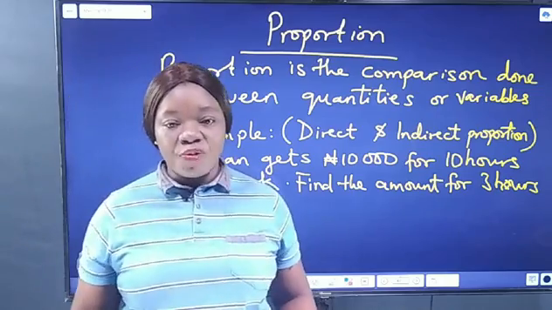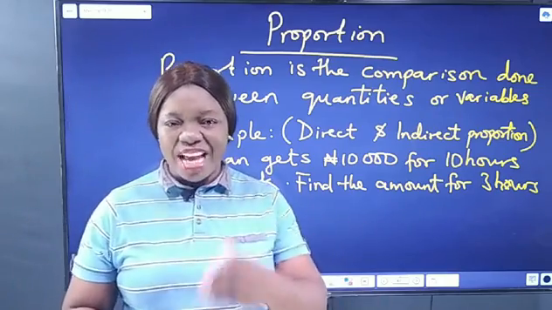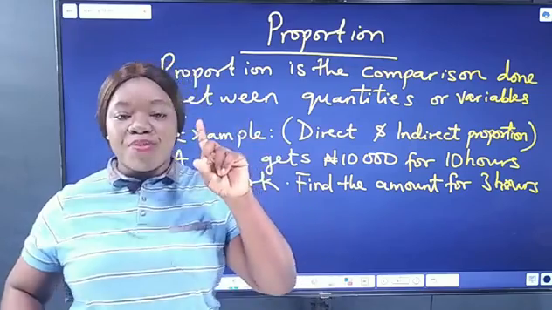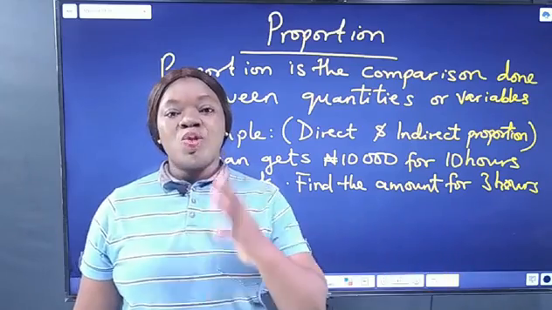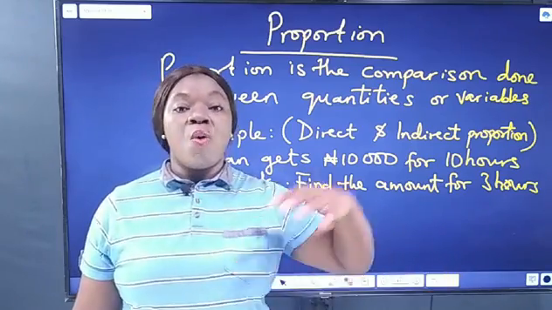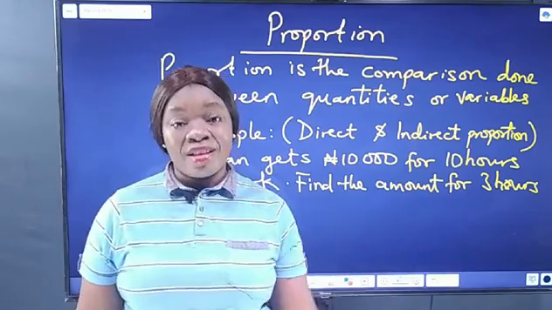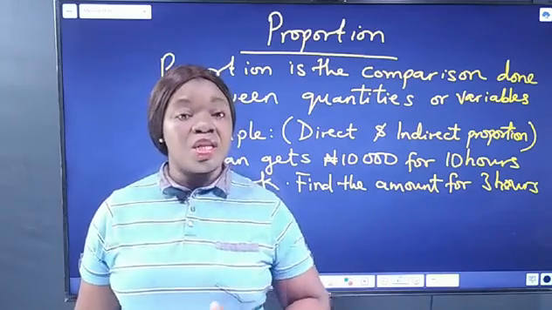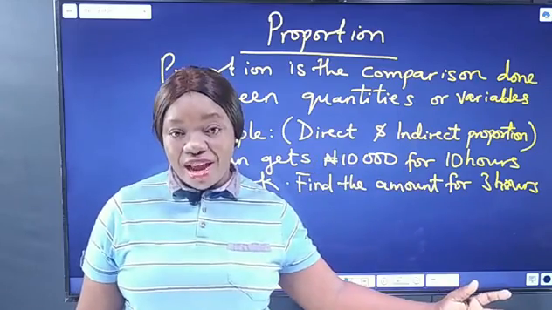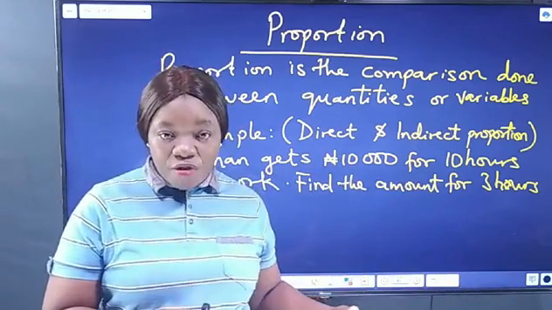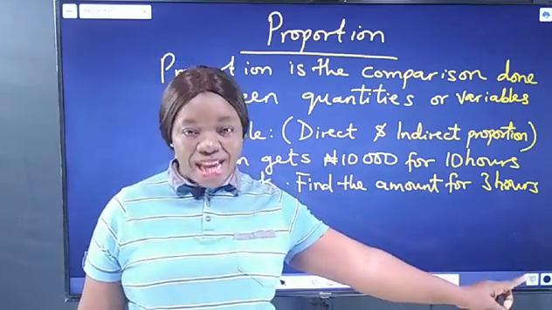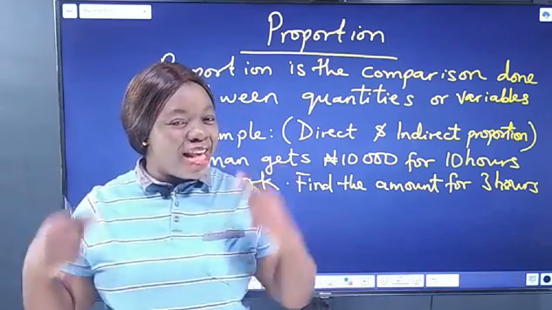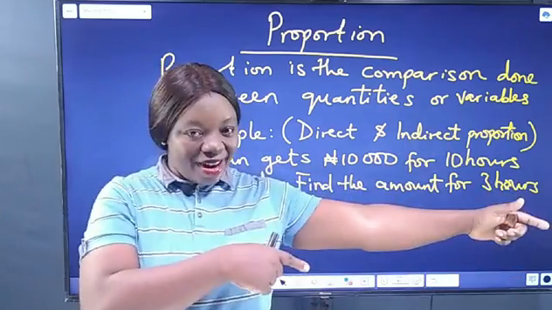The same thing goes for the number of books that you want to buy. If one book costs 500 naira, 2 books will cost 1,000 naira. 3 books will cost 1,500 naira. So the more the number of books, or the higher the number of books, the higher the price you pay. You can hear that higher.